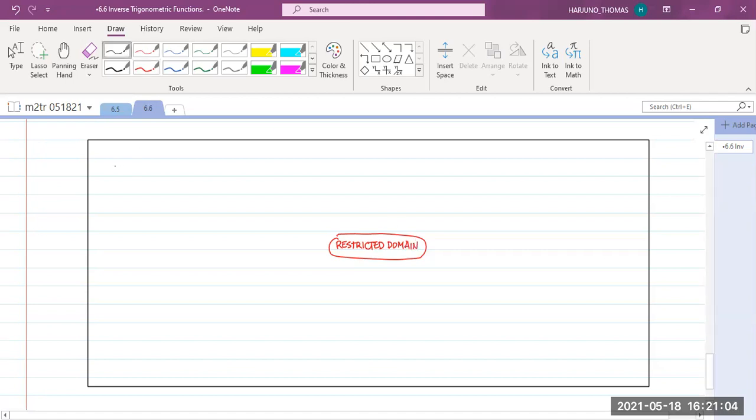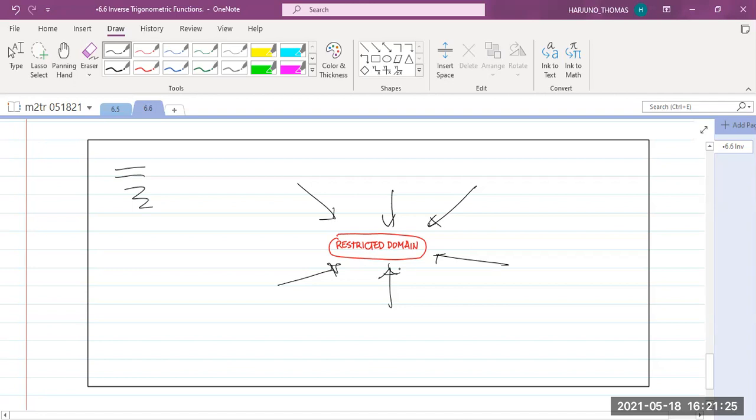So when we do problems and students give me a wrong answer, I point at this. Every time students give me a wrong answer, I point at this. In other words, if they make a mistake, it must be because they forgot the restricted domain.